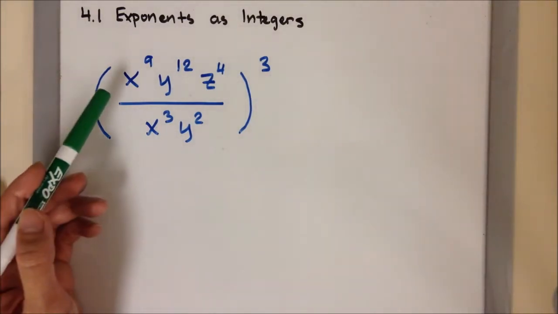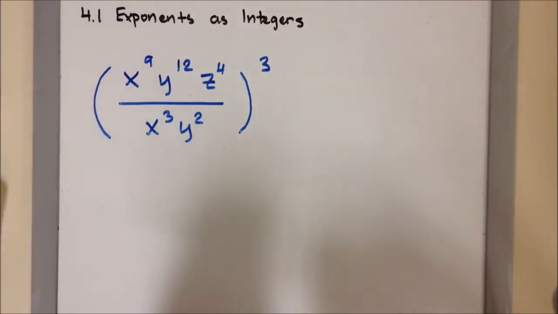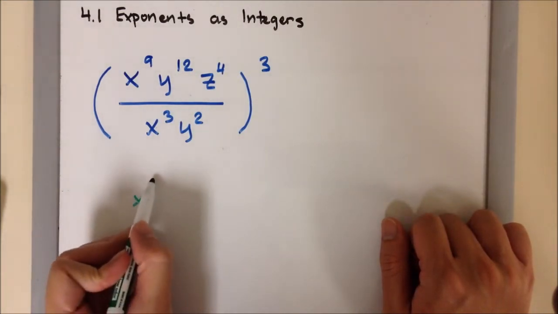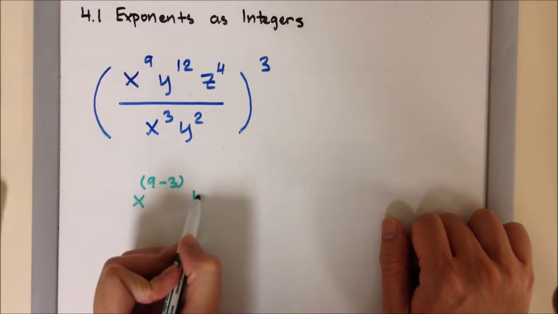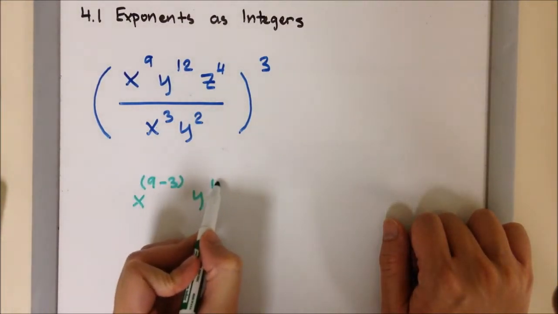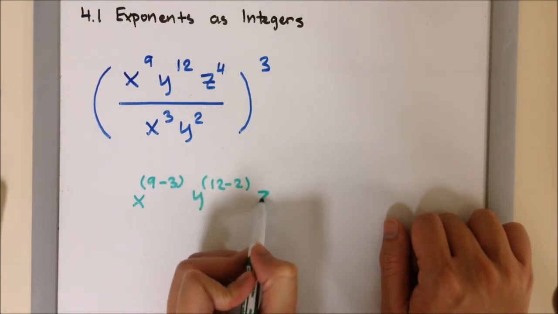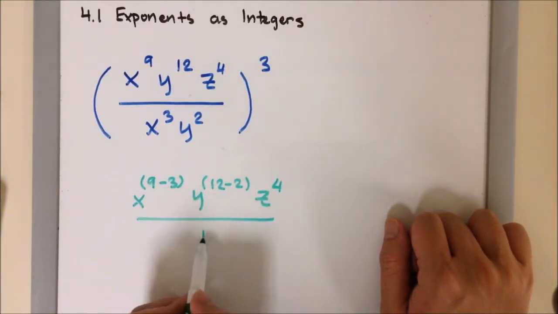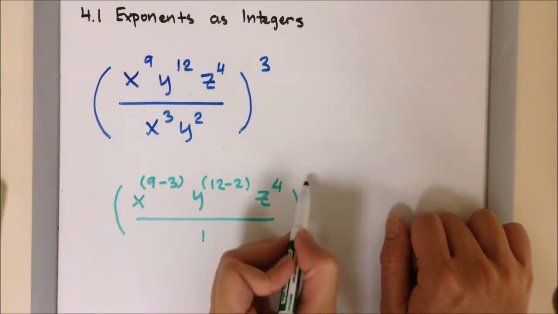Since I have an x on the top and an x on the bottom, I'm going to rewrite it as x to the 9 minus 3, and then y, since we have two y's, is going to be top minus bottom, and then my z will be just 4 because there's no z on the bottom, and it's all over 1, to the third power.